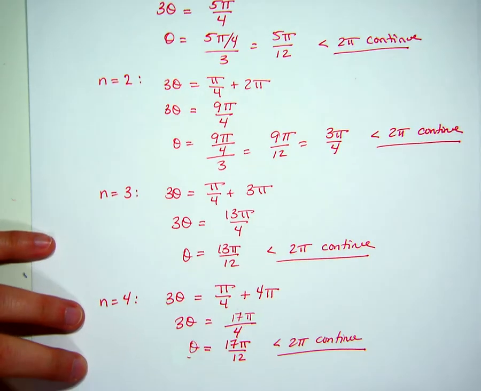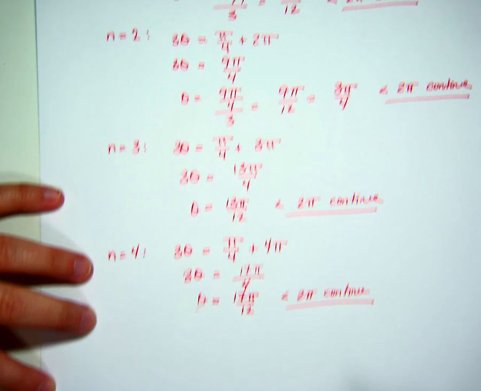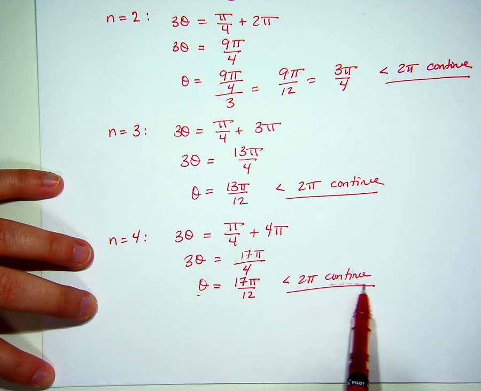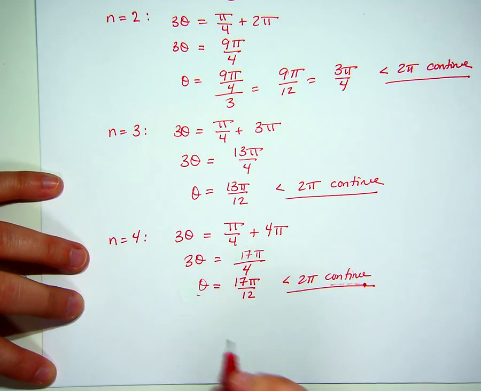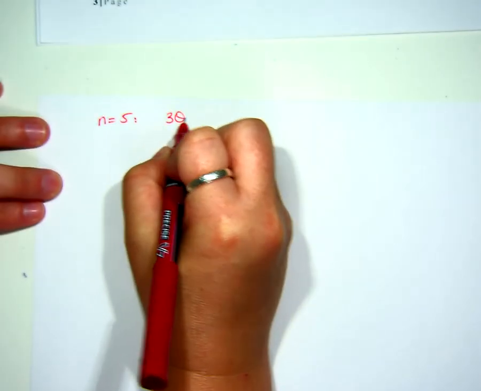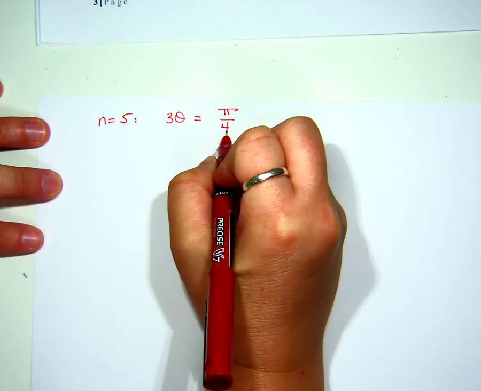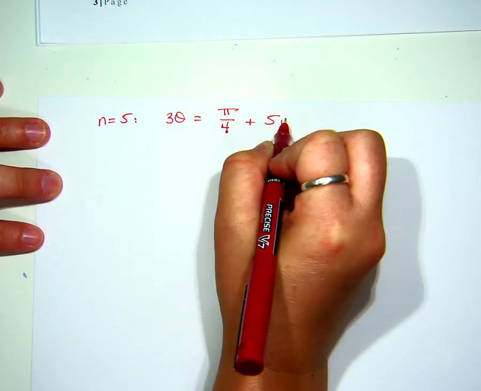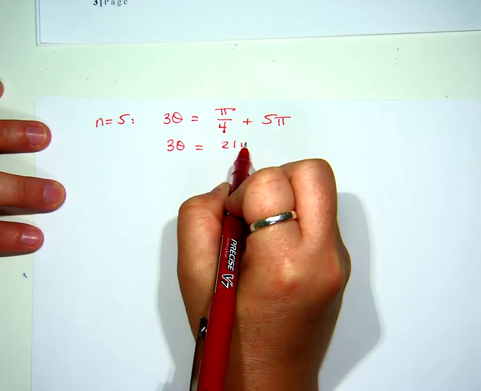How do I know I'm less than 2 pi? 12 goes into 17 how many times? 1 full time, which is obviously less than the number 2, so I continue. Okay, let's let n be 5. If n equals 5, 3 theta equals pi over 4 plus 5 pi. 3 theta equals 21 pi over 4.